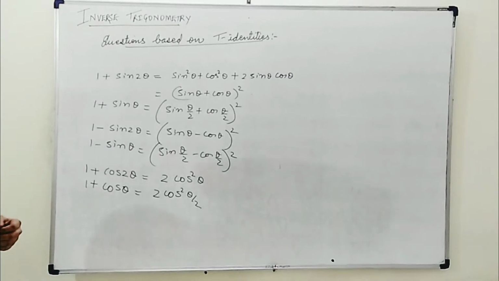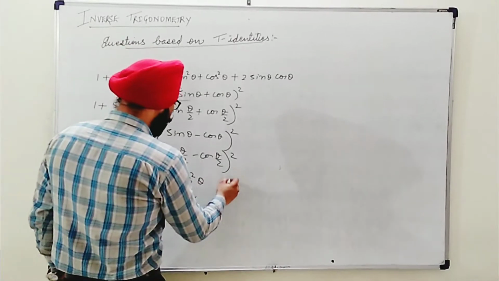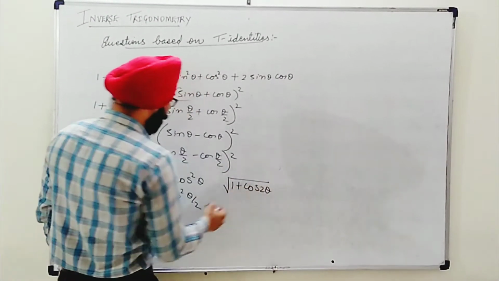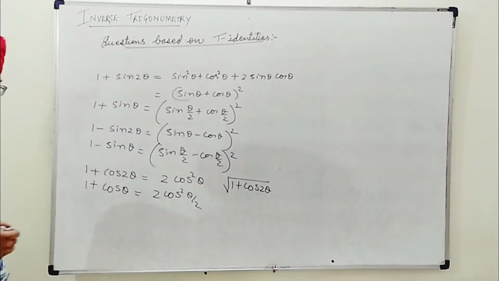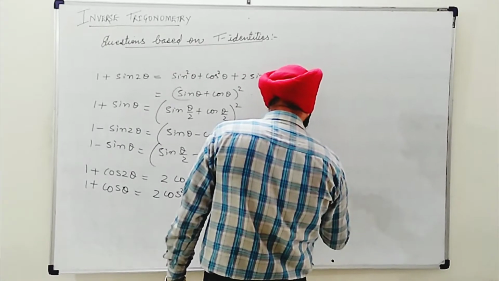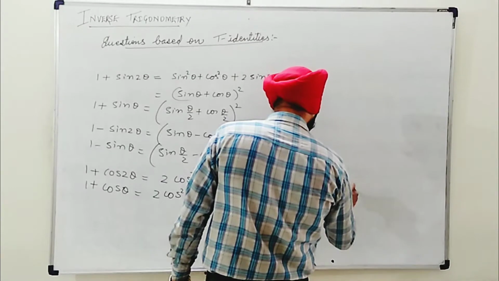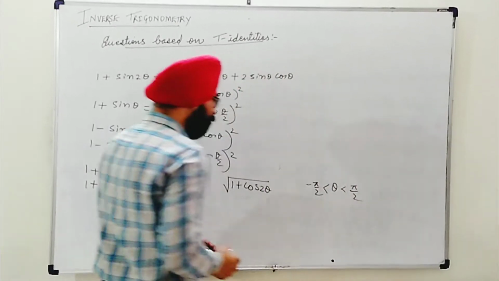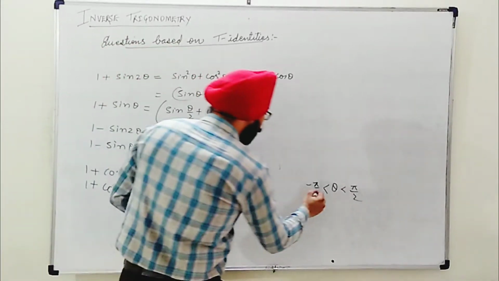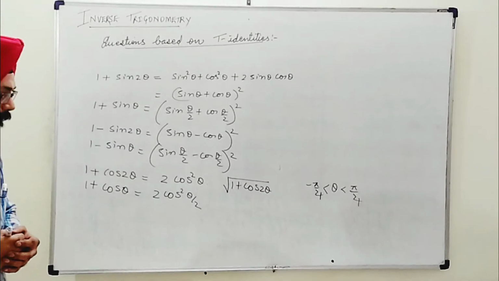But one thing: here, if I write square root of 1 plus cos 2 theta, and a condition is given to us that theta lies between minus pi by 4 and pi by 4.